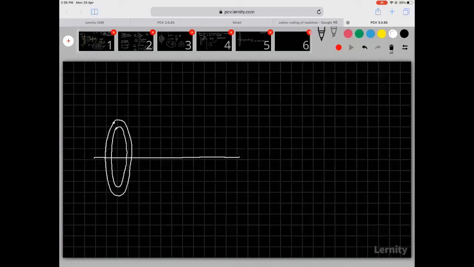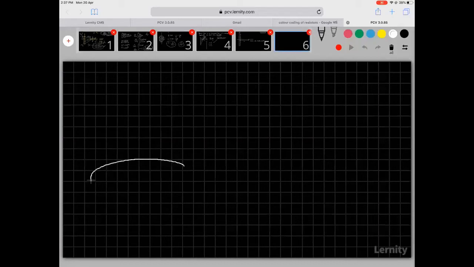So here is a question. There is a ring which has a charge Q uniformly distributed on it. The radius is R. So this is the relative of this question. There is a disk here of radius R which has a charge Q distributed on it.